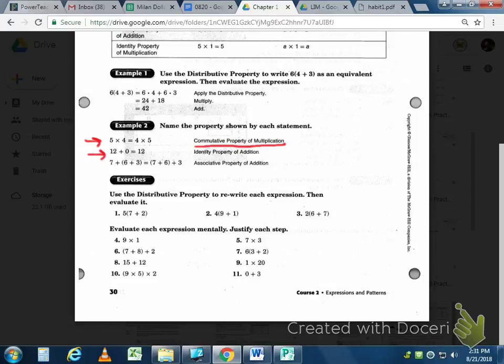You're adding a number that doesn't change the identity. That's the additive identity. And then the last one, I have 7 plus 6 plus 3 and 7 plus 6 plus 3. They are regrouped or reassociated. So associative property of addition.